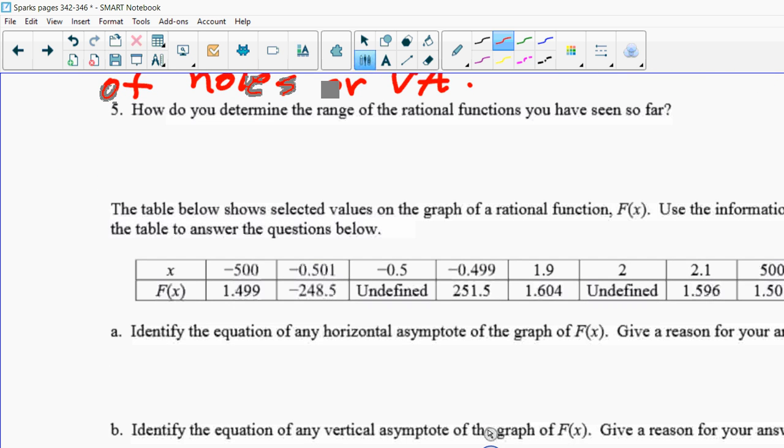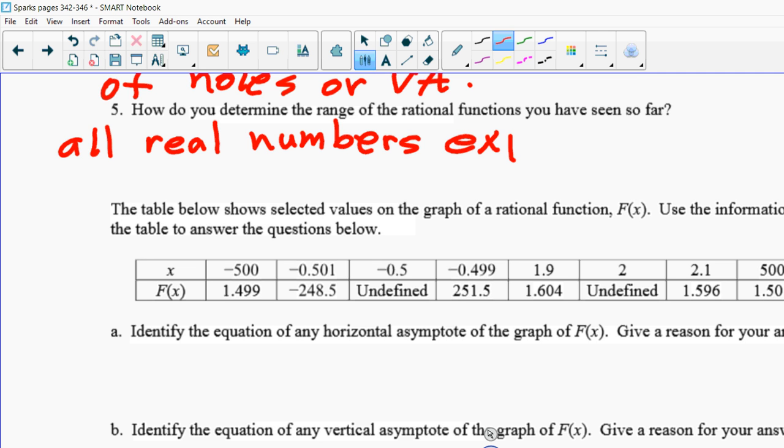How did we determine the range? What gets left out of range? All real numbers except the y value of holes.